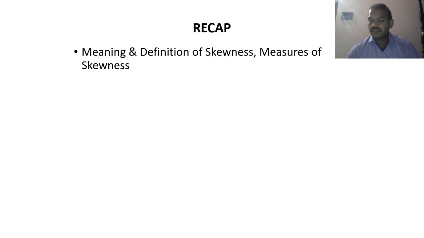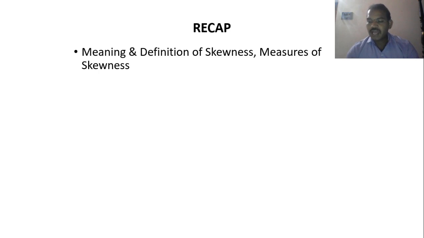This is the meaning and definition of skewness. According to Croxton and Cowden, when a series is not symmetrical, it is said to be asymmetrical or skewed. This is as per the words of Croxton and Cowden.